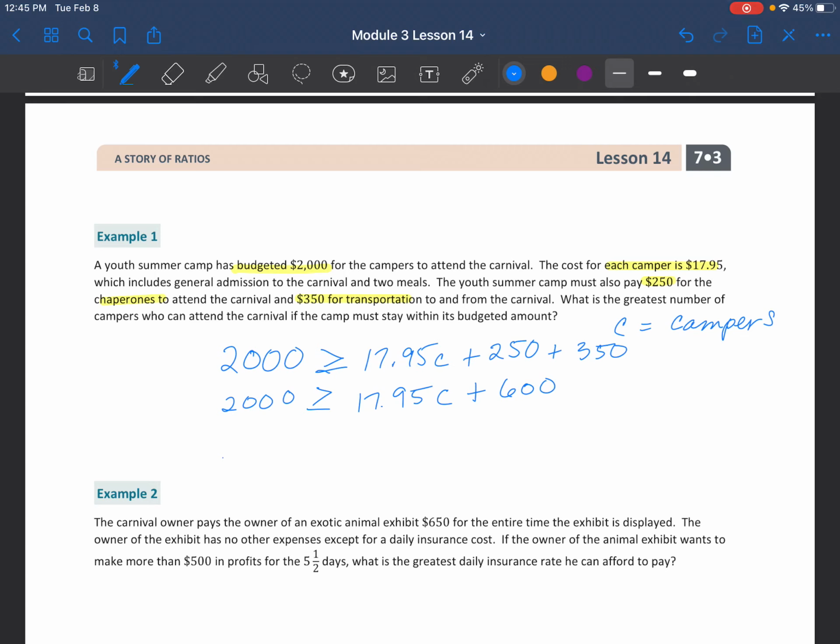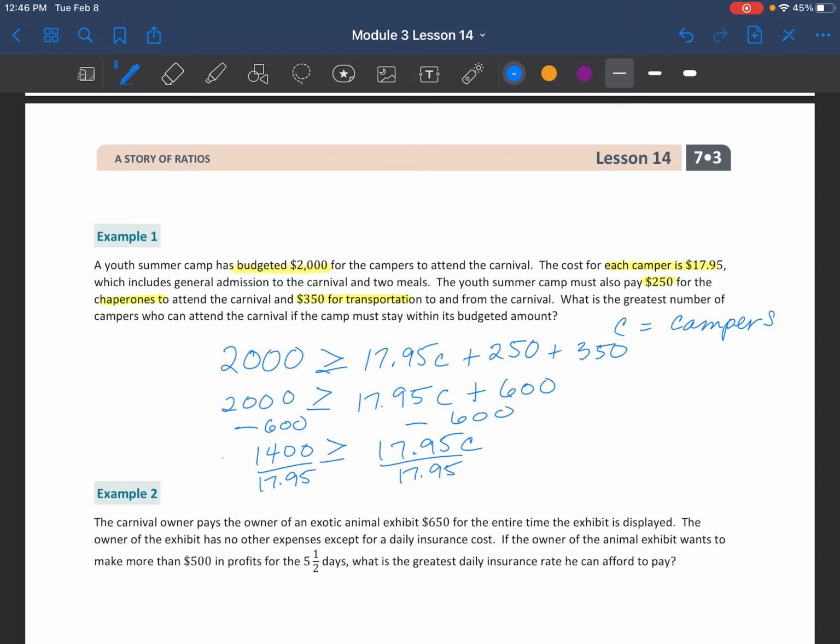So now we're just going to solve. First thing I'm going to do is combine like terms. So I've got 2,000 is greater than or equal to 17.95C plus 600, because 250 plus 350 is 600. All right. Now we can subtract 600 from both sides.